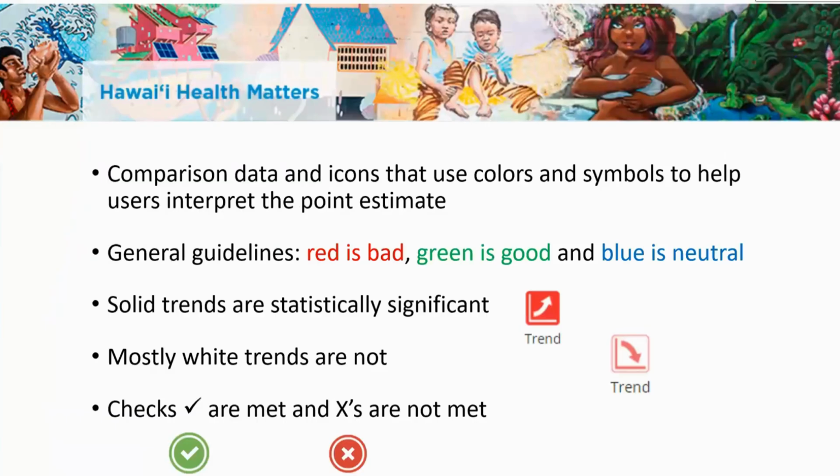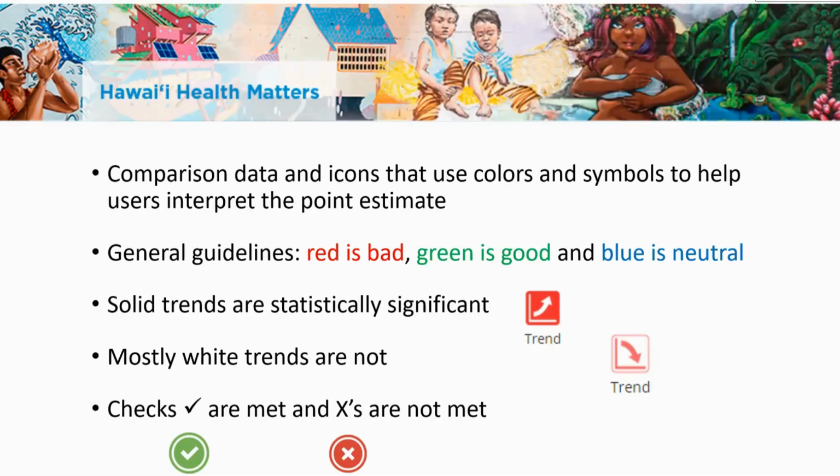Before we go to the demo, I just want to go over some basics for people who aren't familiar with Hawaii Health Matters. It's a great source for data when numbers might not be your first love. It provides a lot of comparison data and links to resources that help you put the data in context. First, the site uses comparison data and icons that incorporate colors and symbols to help users interpret the point estimate.